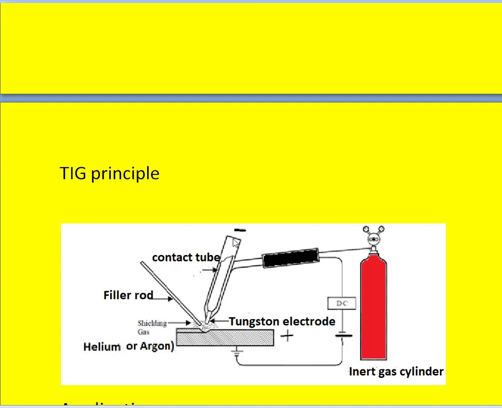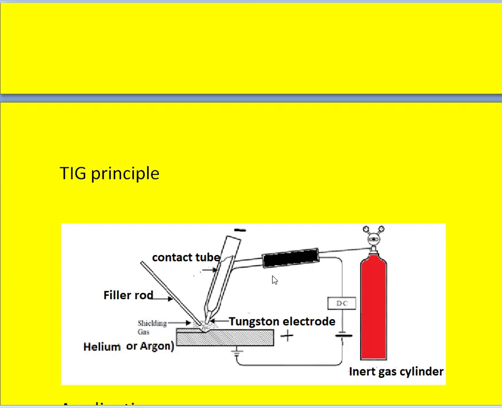This electrode is connected to the negative polarity of the DC supply, which is why we represent negative here. The base, or the metals to be welded, will be connected to the positive terminal of the DC supply. This is the return cable to the DC supply, and this is the shielding gas, which comes from this and surrounds the molten metal.